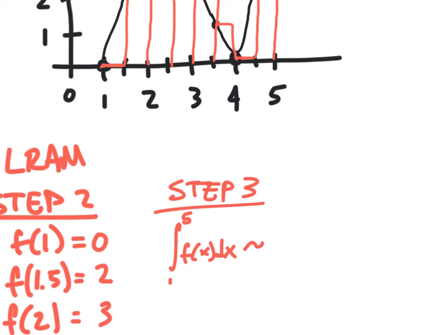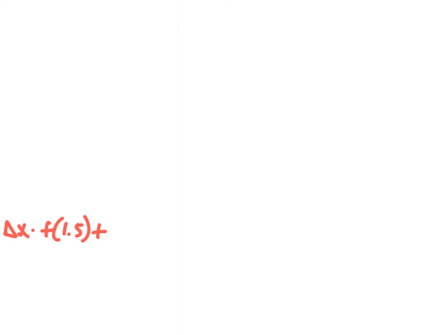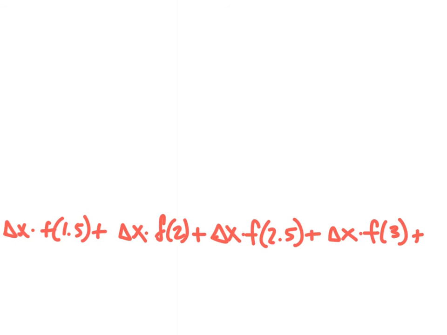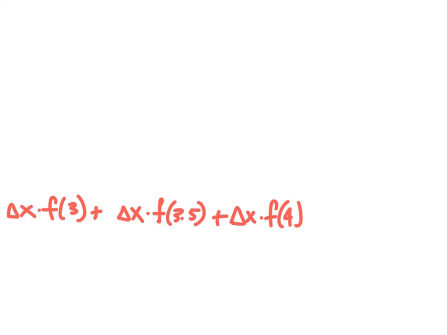This is approximately equal to, let me redo this, delta x times f of 1, plus delta x times f of 1.5, plus delta x times f of 2, plus delta x times f of 2.5, plus delta x times f of 3, plus delta x times f of 3.5, plus delta x times f of 4, and then plus delta x times f of 4.5.